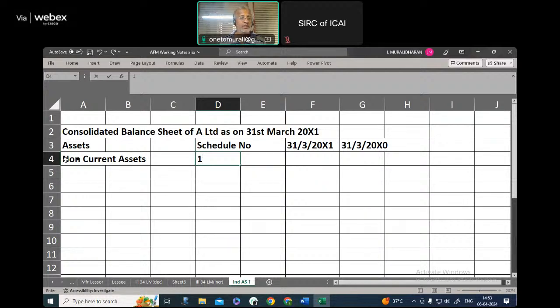Then we will take up current assets. Under that, financial, where you have cash and bank balance. So it is better that we will put them under 2.